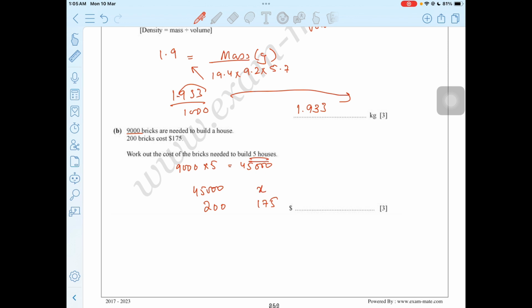Since it's a direct proportion, we can use the direct proportion method by cross multiplying. Then we get our answer as 45,000 multiplied by 175, and 200 is divided. So we get our answer as 39375.